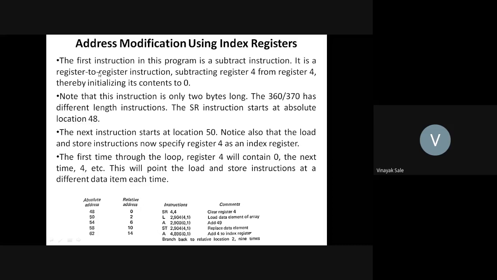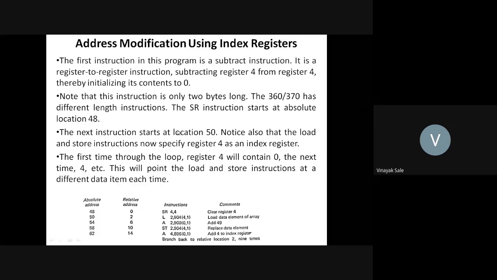It is a register to register instruction, subtracting register R4 from register R4, thereby initializing the contents to 0. This instruction is 2 bytes long. Machine 360 or 370 has different lengths.